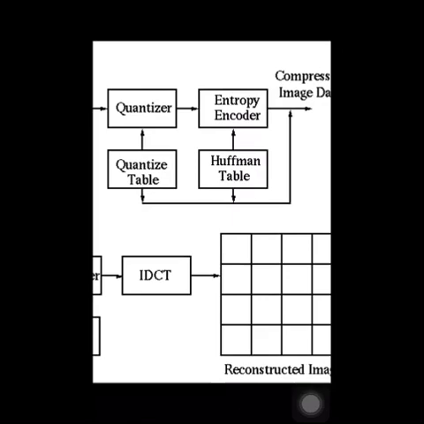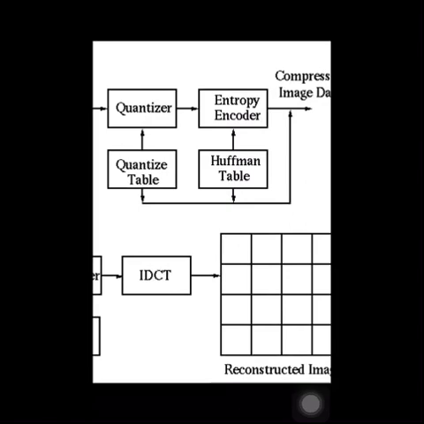At the output of Huffman coding, each intensity is encoded by a binary code, and the length of the binary code will depend on the probability of that code appearing in that image region.